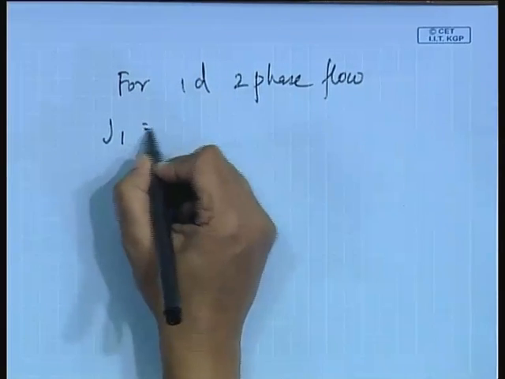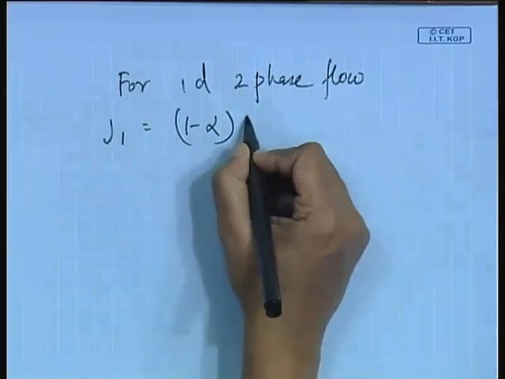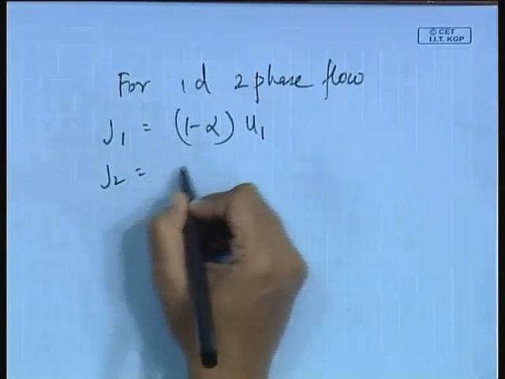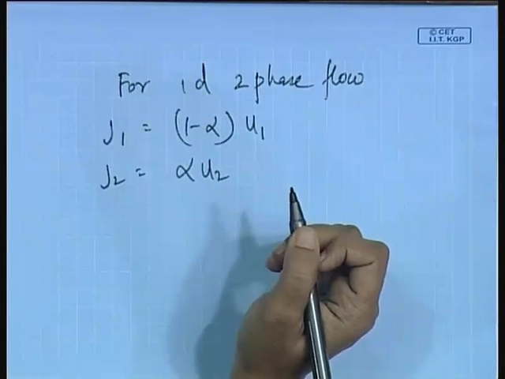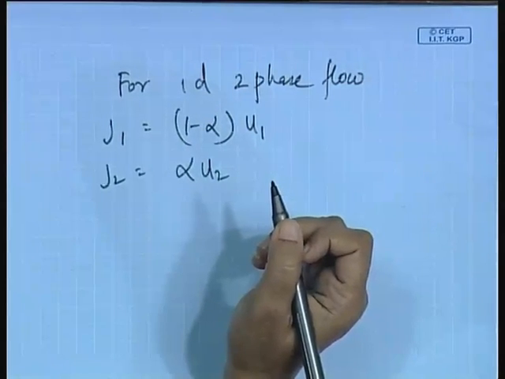In what way? J1 is equal to (1 minus alpha) into U1 and J2 is equal to alpha into U2. Agreed? Yes or no? Anybody who wants me to repeat this part?